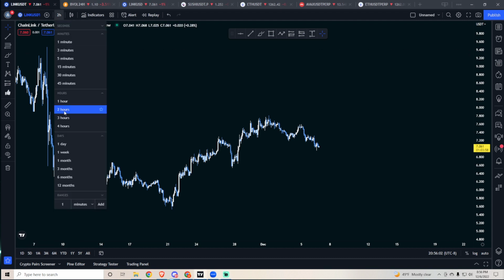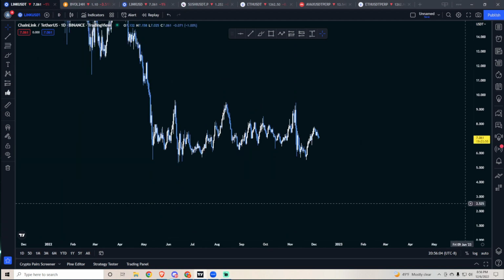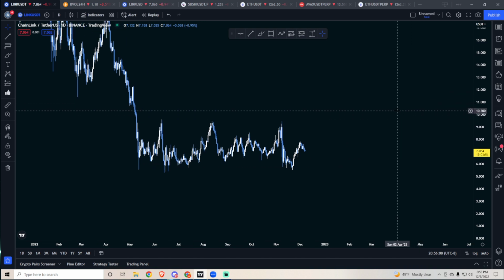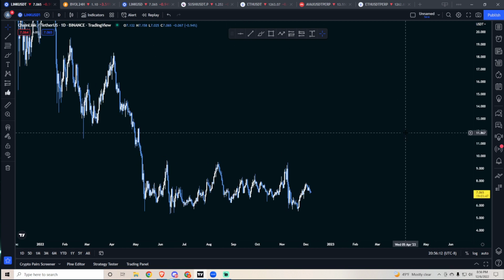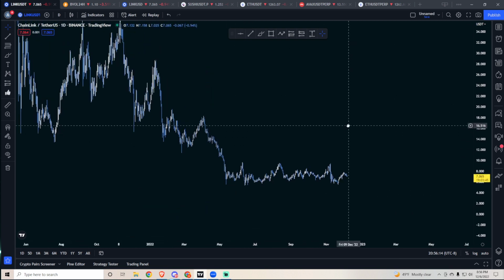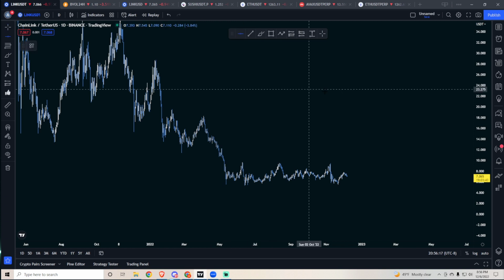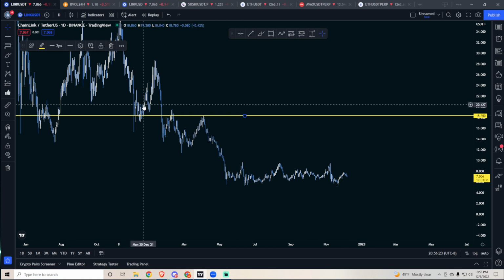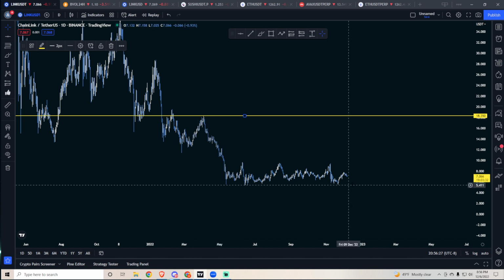So the first thing I do is I start on the daily time frame, and I basically look for a range, right? So high time frame support and resistance, and it doesn't make sense to put all types of resistance. I mean, you can if you want, like we have resistance here at $18.35, but it's far away from our current price action.